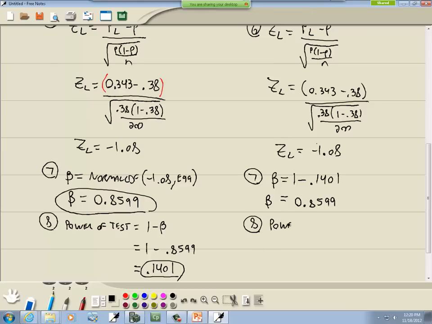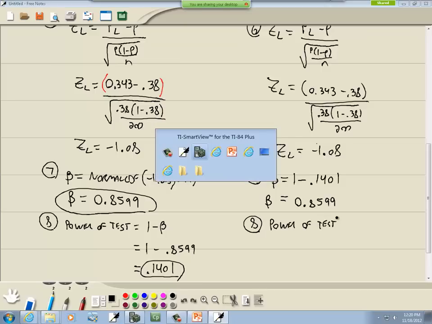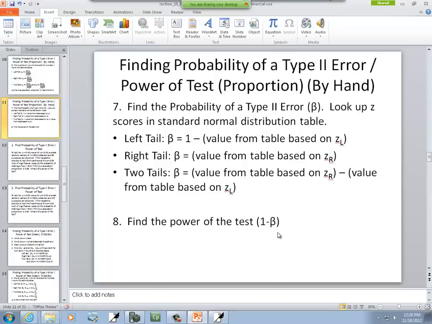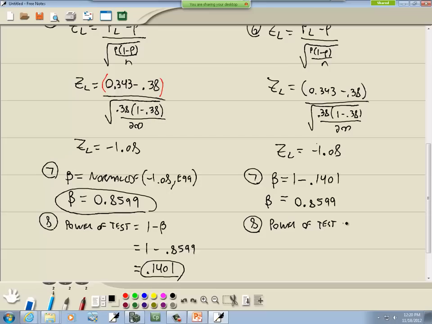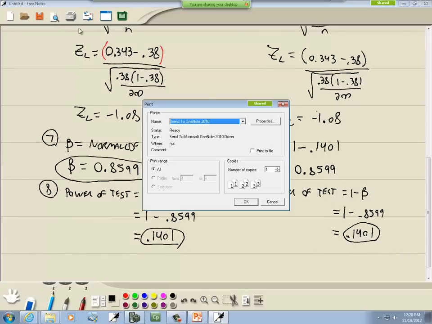I don't think it'll always give you the same, so don't think that. And then step 8 is still the same. Find the power of the test, 1 minus beta. So we got 1 minus 0.8599, which gives us 0.1401. Let me save that, and we'll look at another problem.